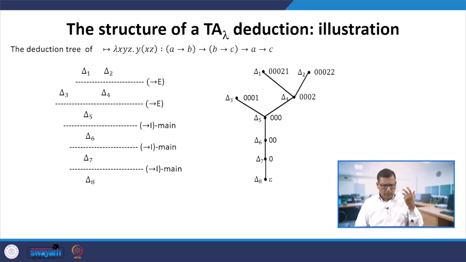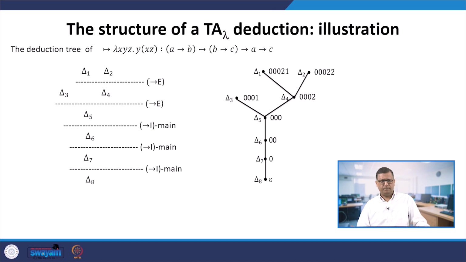So, in the system T lambda, deductions can be represented in either way. One is the earlier way that we are used to, and if you want to include the position labels as well, we can use this. The structure of both these two ways of conveying the deduction is the same.